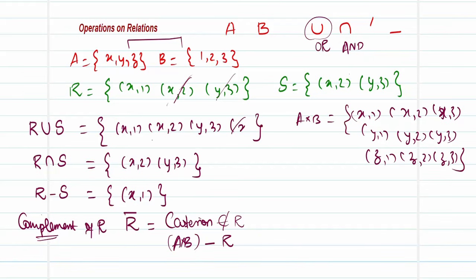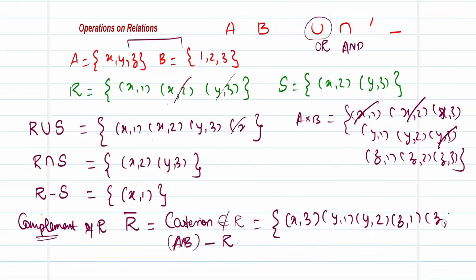From this Cartesian product, I remove the elements of R. What are the elements of R? (x,1), (x,2), (y,3). Whatever is left out is called the complement of R. So what is left out here? (x,3), (y,1), (y,2), (z,1), (z,2), (z,3). So these are my complement of R.